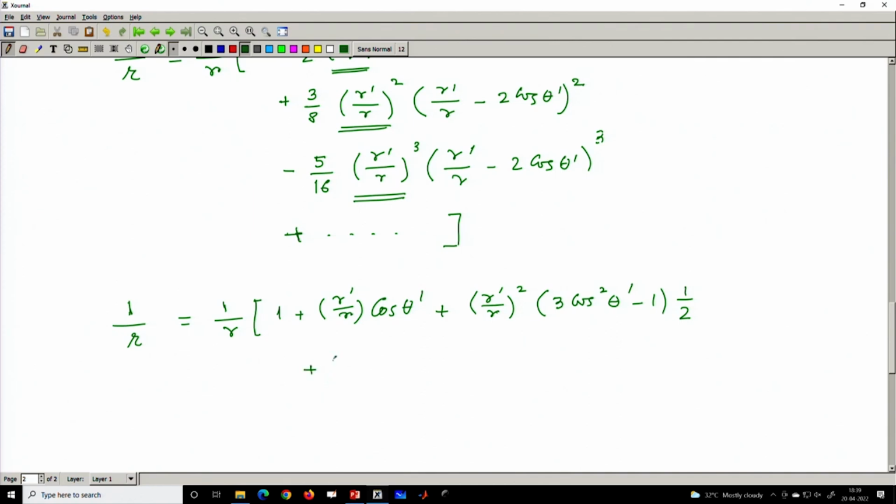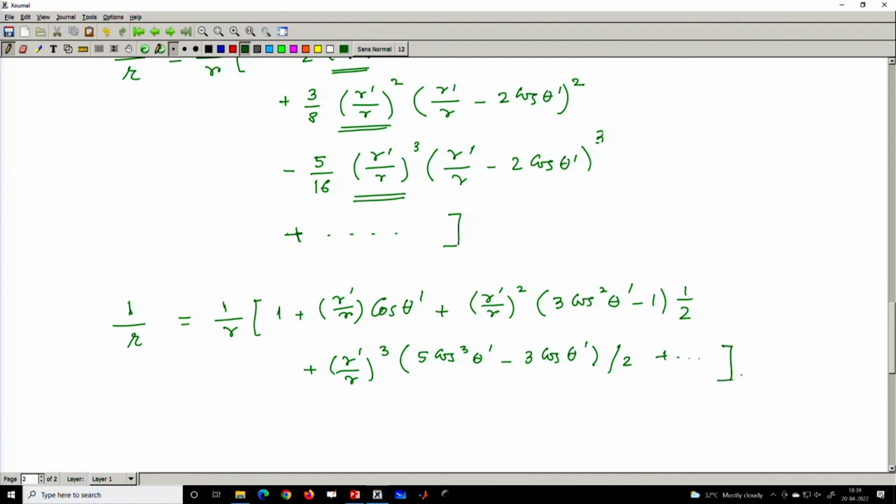So, plus r prime divided by r cubed, next term is associated with cube, and if I take a common factor, then it should be 5 cos cube theta prime minus 3 cos theta prime and divided by 2, and so on.